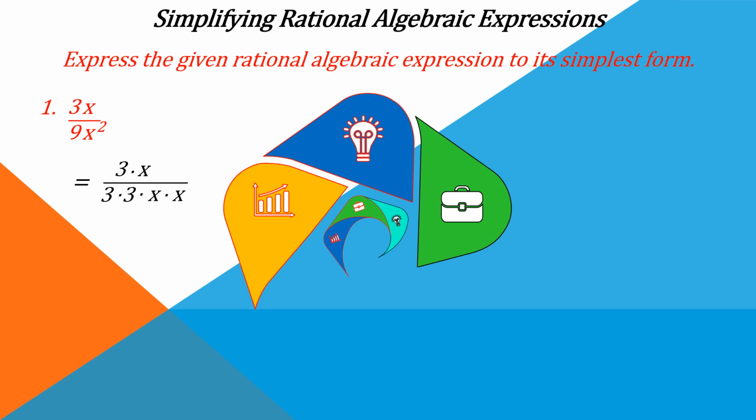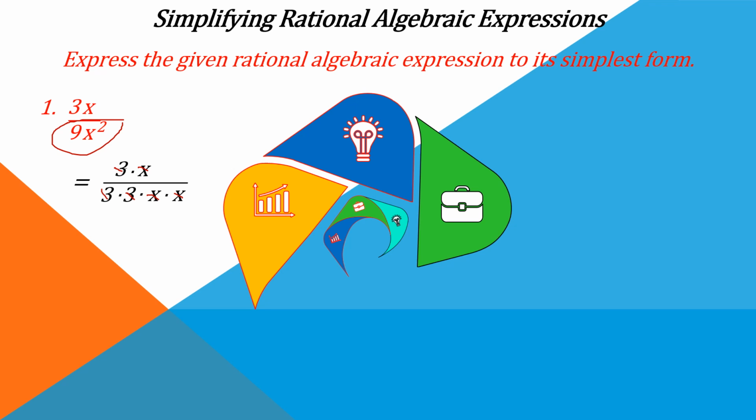We will factor 9x squared based on the factors of the numerator, which is 3x. So the factors of the numerator are 3 multiplied by x, and the factors of the denominator are 3 multiplied by 3 multiplied by x multiplied by x.